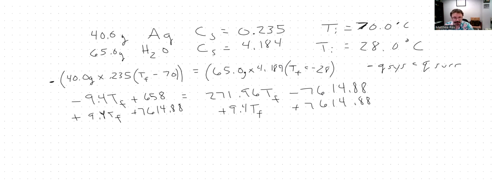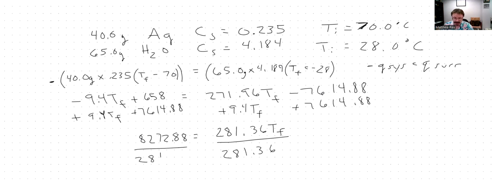When I do that, I get this, and then to isolate T sub F, divide both sides by that, and we get 29.4 degrees C as our final temperature.